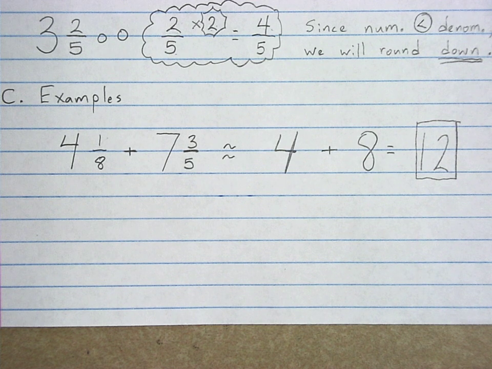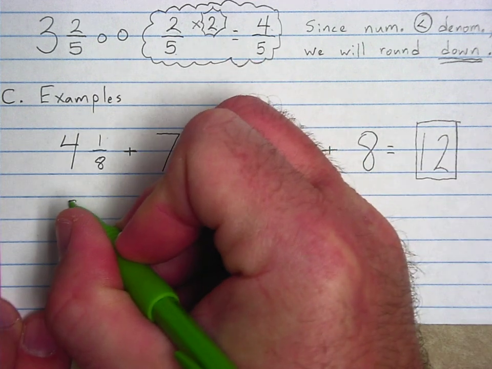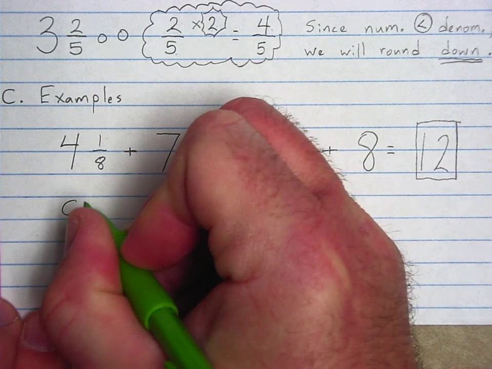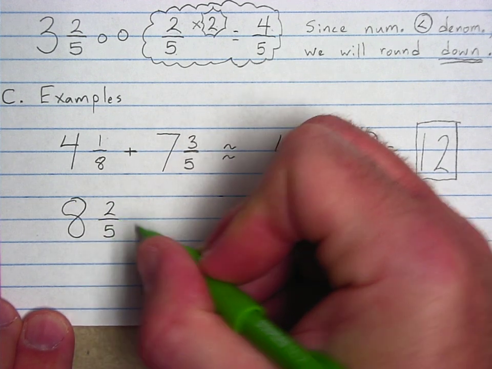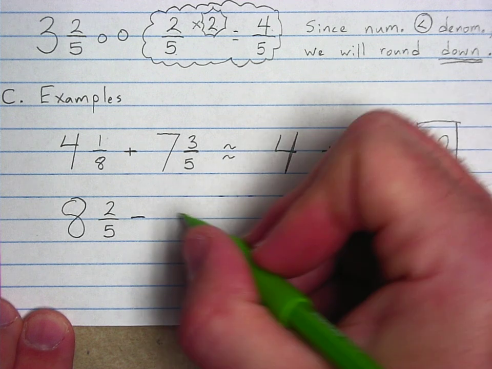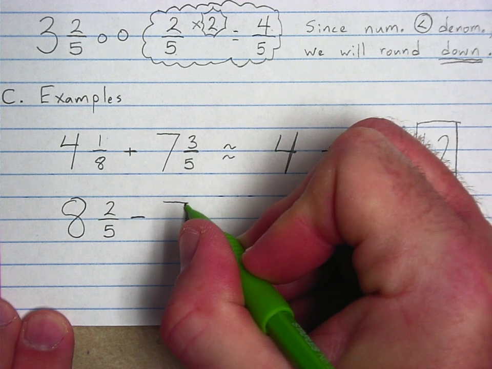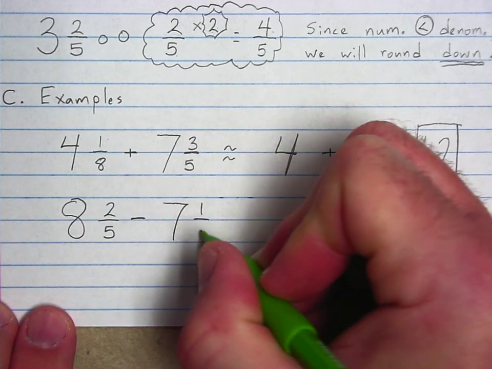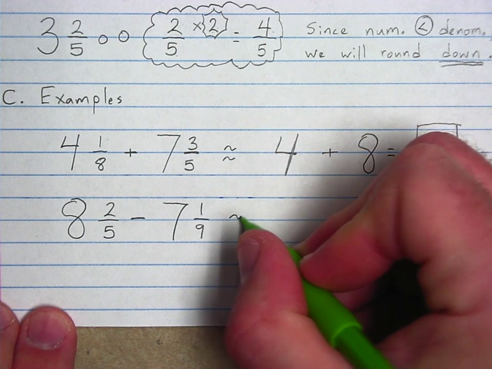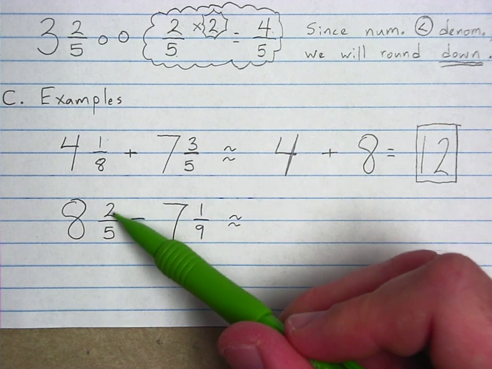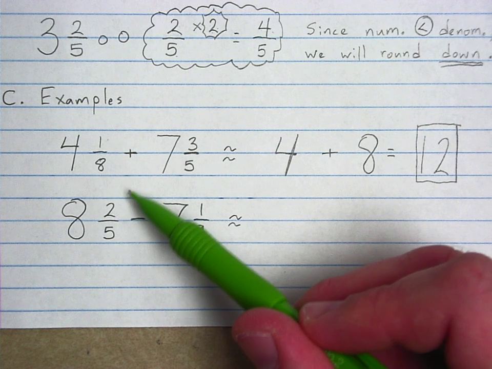Okay. We'll go ahead and we'll do one more. Let's do 8 2/5 minus 7 1/9. 2 doubled would be 4.